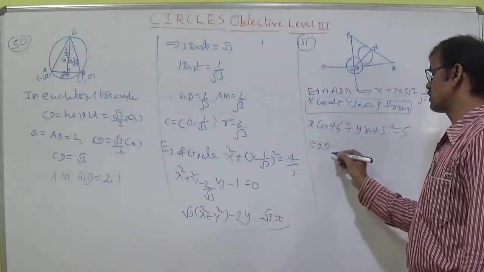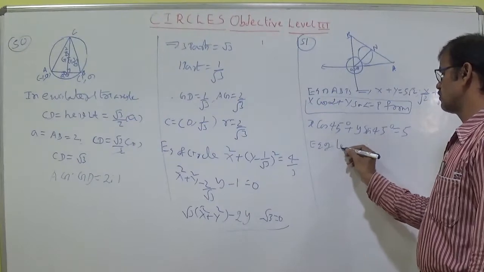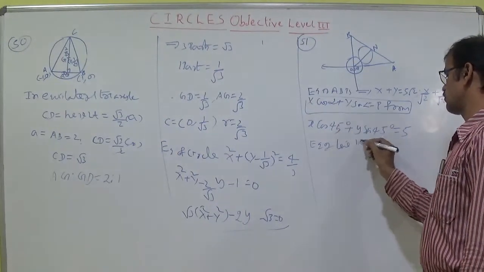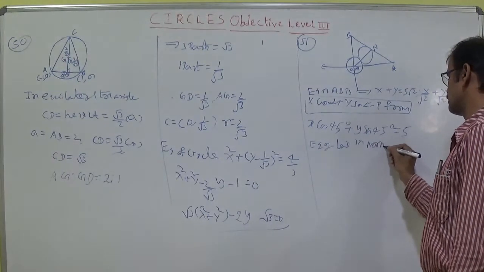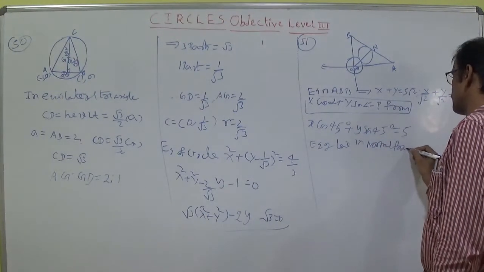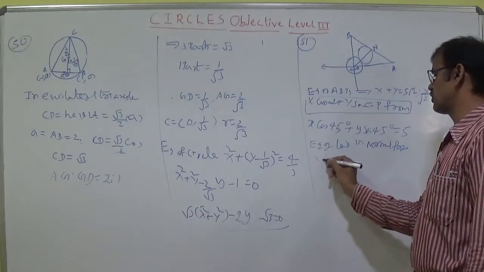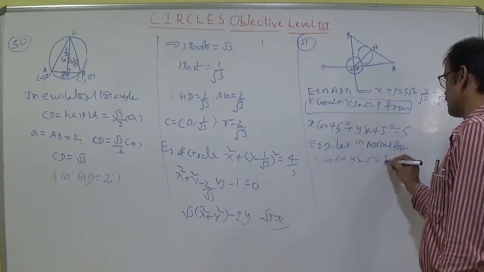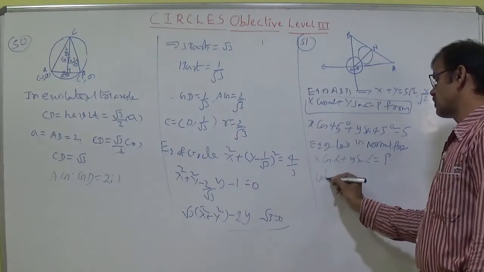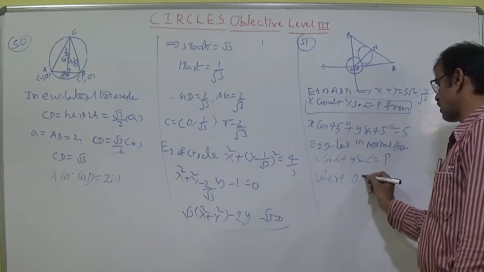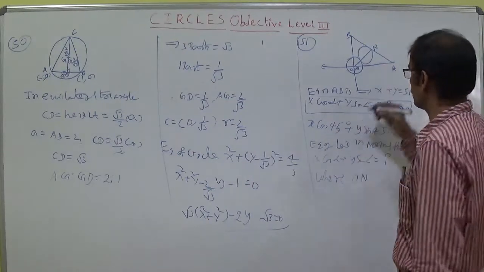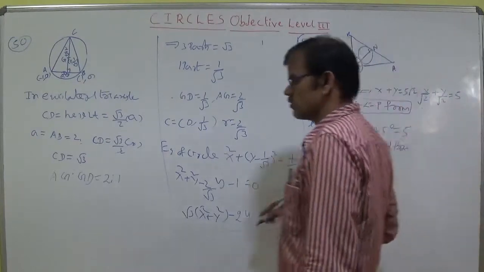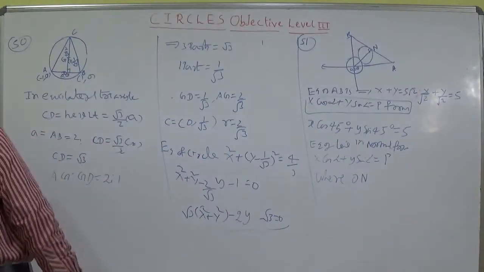Let us remember that formula in the 1B textbook. Equation of line in normal form is x cos alpha plus y sin alpha equal to P, where P is the distance from origin to the normal, wherever the line perpendicular to the given line AB, it is normal.